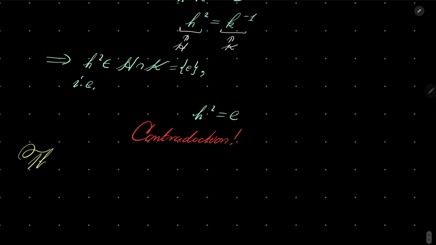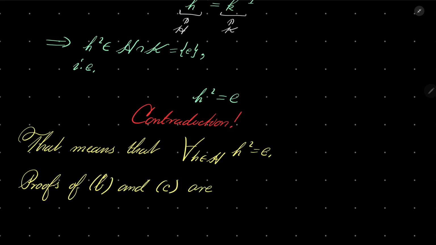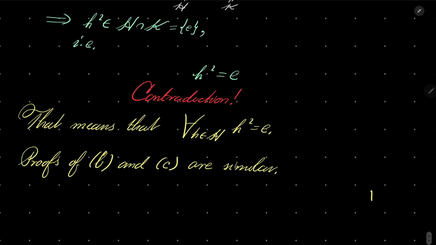That means that for every H in H, H squared in fact equals E. Proofs of parts B and C are similar and left to you. And hereby I close the proof of my final claim.